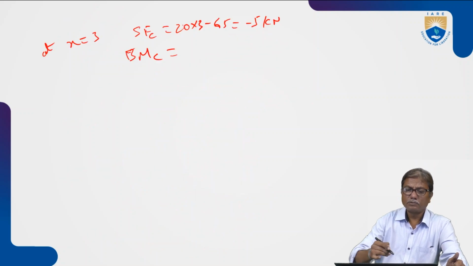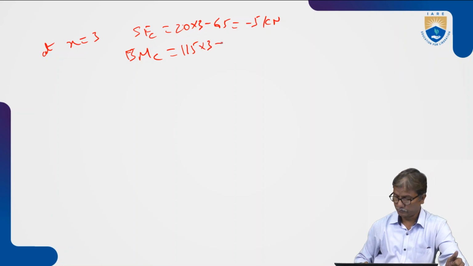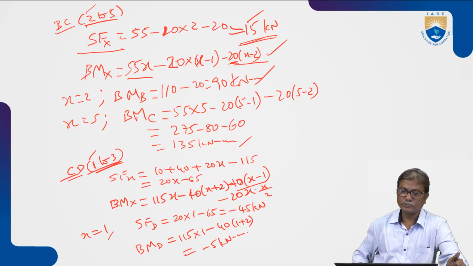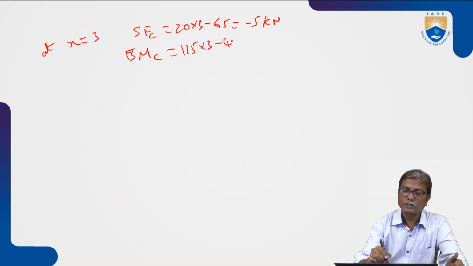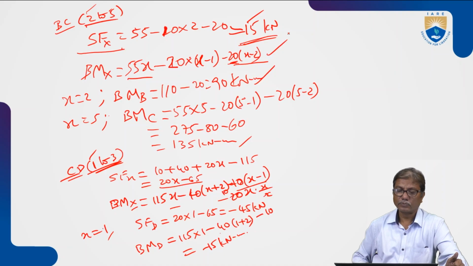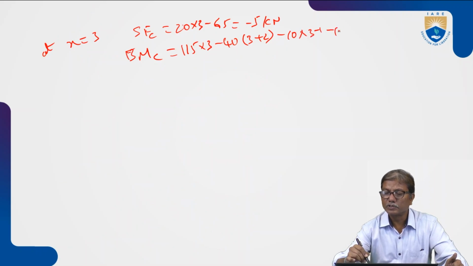So total bending moment at C is 115 into 3 minus 40 into 3 plus 2 minus 10 into 3 minus 1 minus 10 into 3 square.